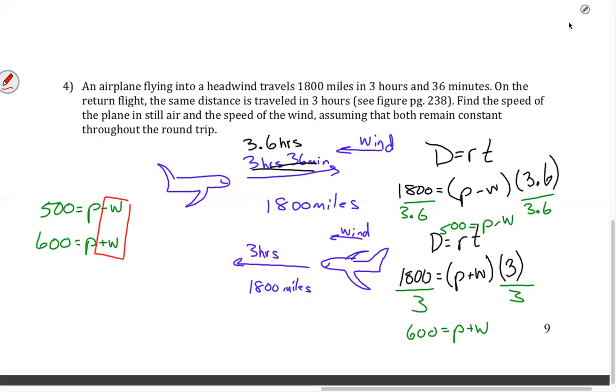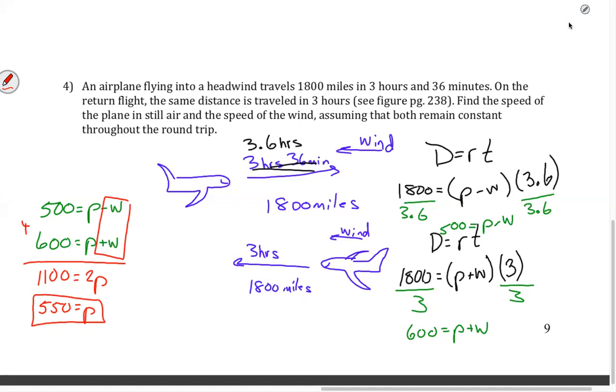So they're opposites, so I'm going to add. So I get 1,100 equals 2P. It's 550 equals P. So my plane is traveling at 550 miles per hour, which makes sense, right?